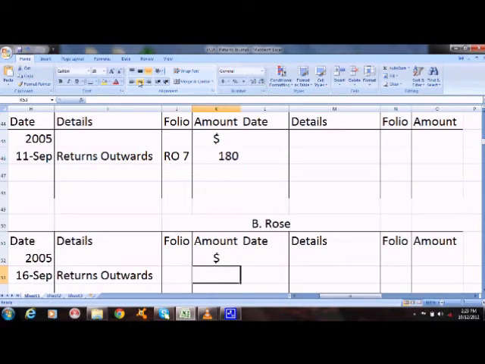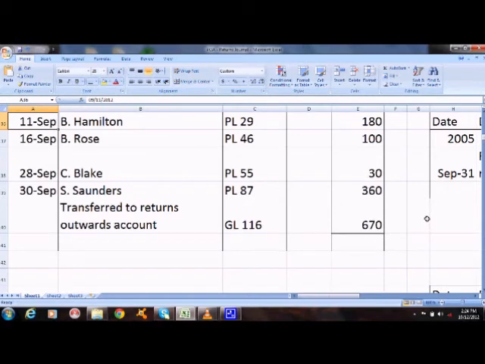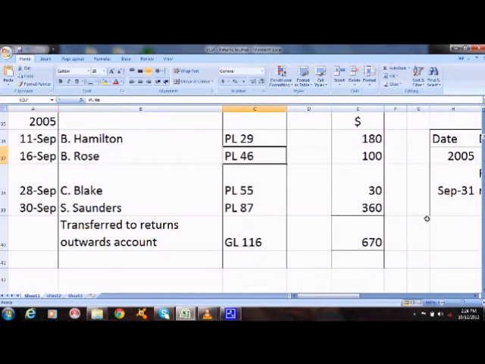The folio number is RO7, and the page number is P46, coming from this one, B Rose, page 46 of the purchases ledger. The amount is $100.